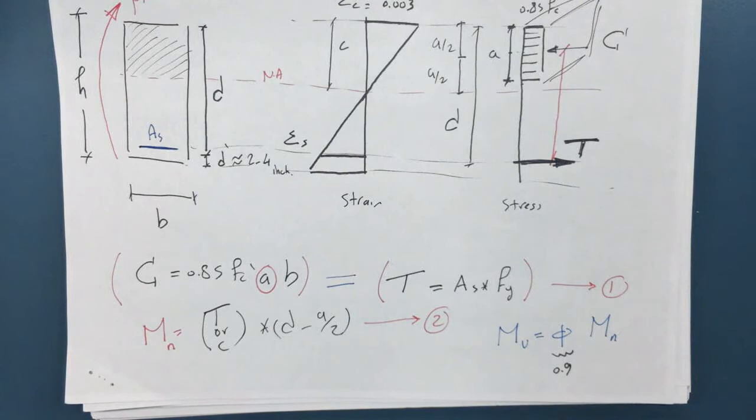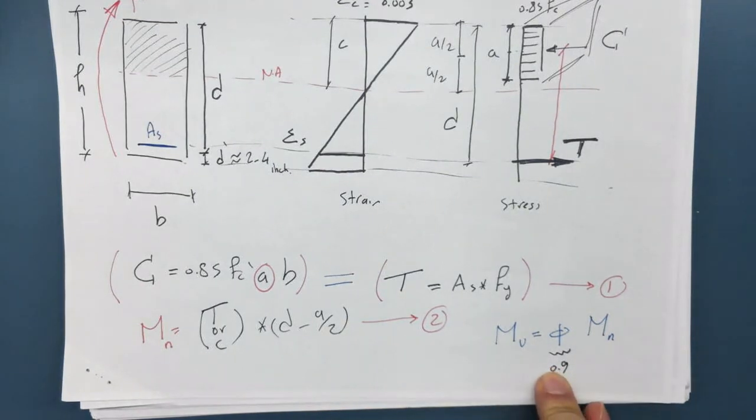In a few problems in the FE exam, you will be asked to evaluate a different value. Okay? And this equation over here, which you don't have to memorize, tells you that in the case of epsilon t greater than 0.005, which in most cases, this is 0.9. But if epsilon t is less than that, this changes by those equations over here, such that it caps down at 0.65.